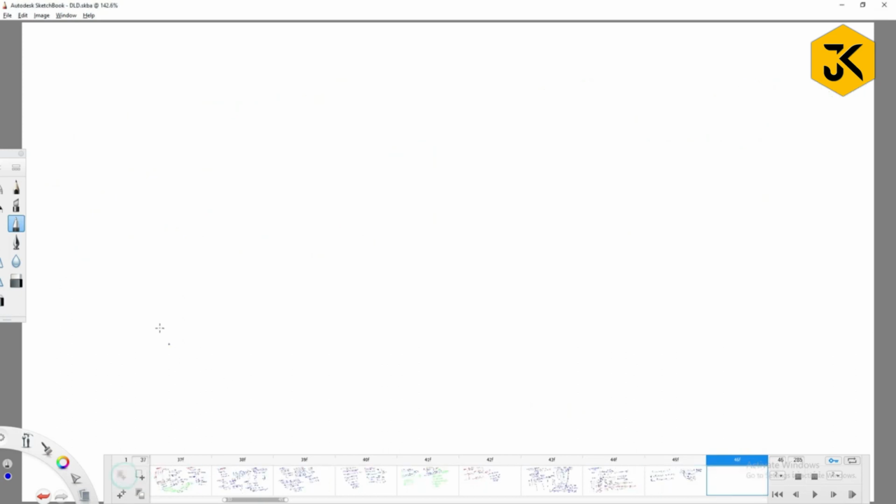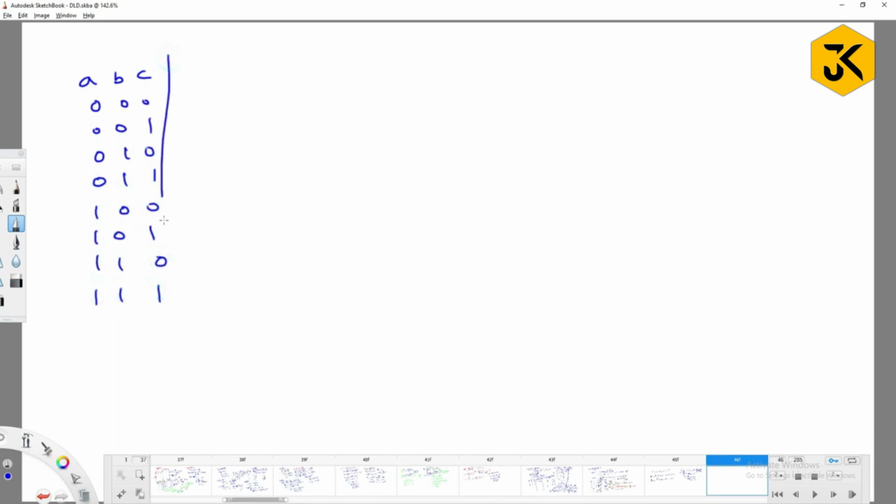Okay, fine. If you would like to extend with a further example, take three variables a, b, c, with all the combinations 000 through 111. Take one function f1, and I am assuming its outputs as 0, 0, 1, 1, 0, 1, 1, 1.